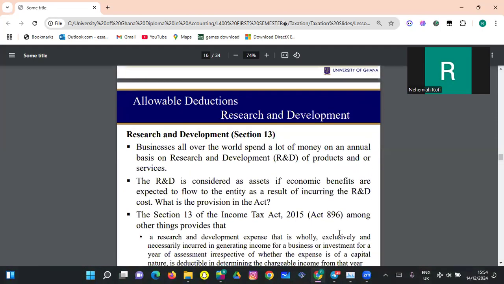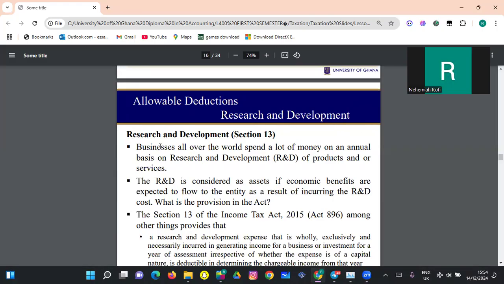So now we move on to the second allowable deduction. The second one here is research and development. So we know businesses most often do research in order to improve their production process, to improve their goods and the likes. So those expenses are allowable for deduction, except for the petroleum and mining industries, right?